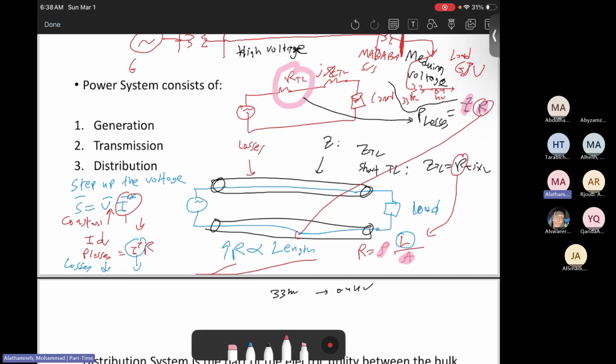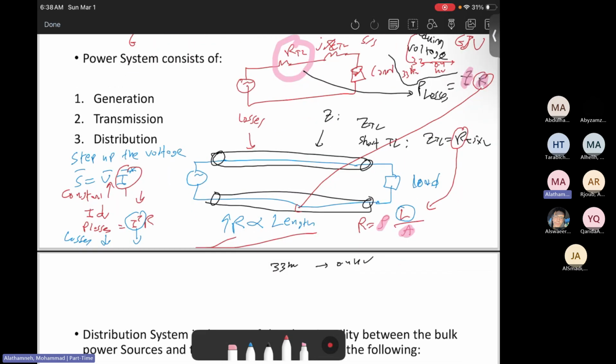So what's 0.4 kilovolts? Remember, we are talking about three-phase. So V line to line equals 0.4 kilovolt, or in other words, 400 volts. However, if we are connecting the power for a single phase, then V line to neutral equals V line to line divided by root of 3, which is 400 divided by root of 3, so it will be 230 volts.